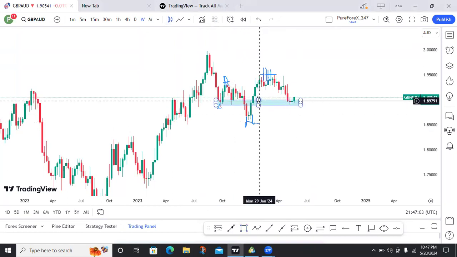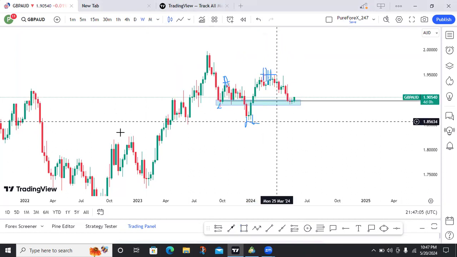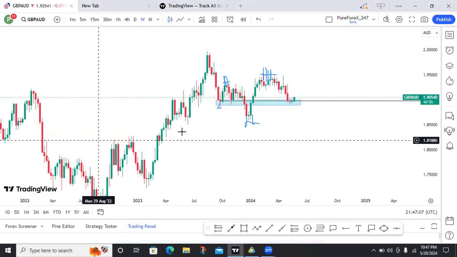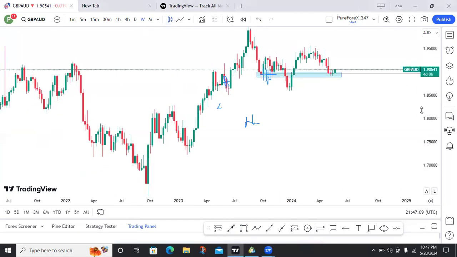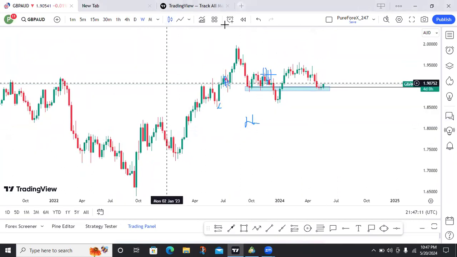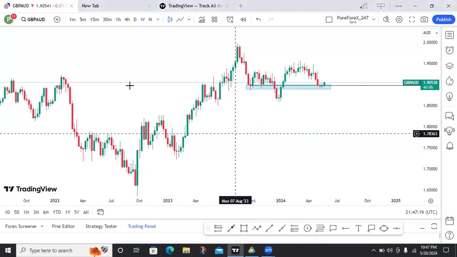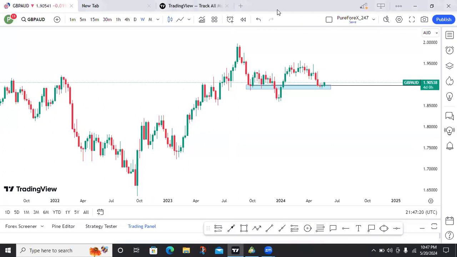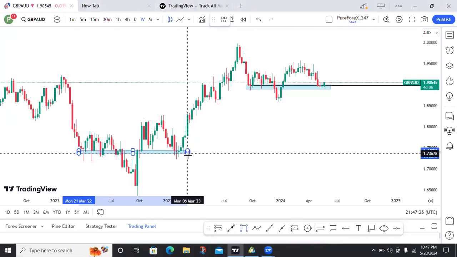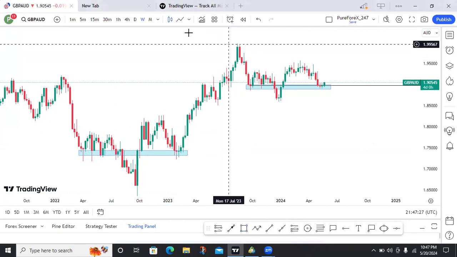You see, this is a Quasimodo continuation. Why is it a Quasimodo continuation? Like I said in my previous video, Quasimodo continuation comes after a trend reversal in the market. So when you look at the weekly time frame, we have a Quasimodo reversal here where the market changed structure.